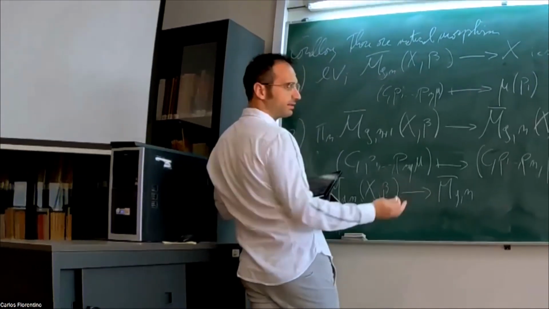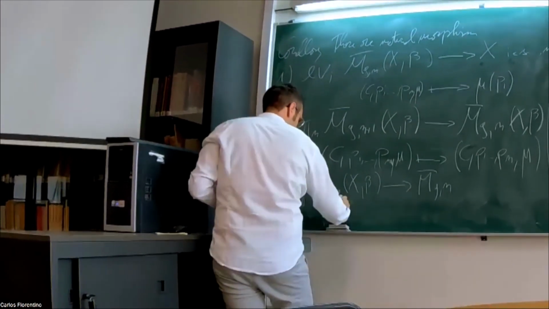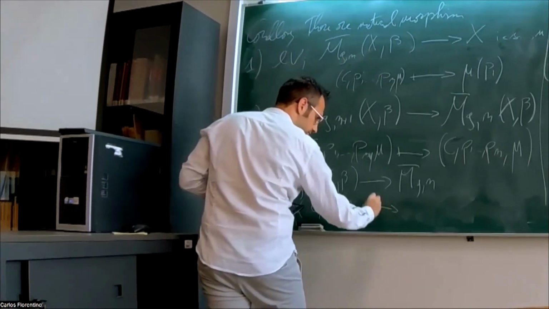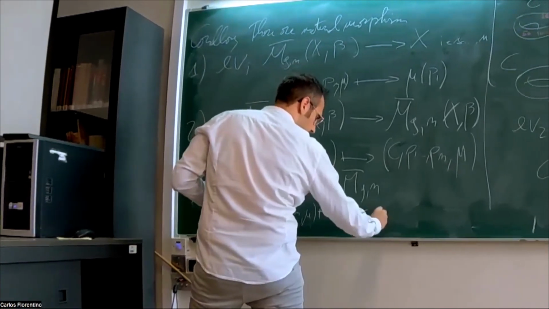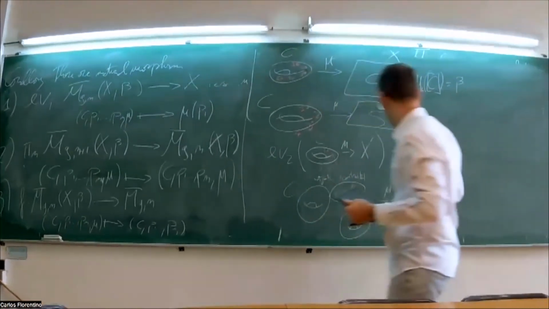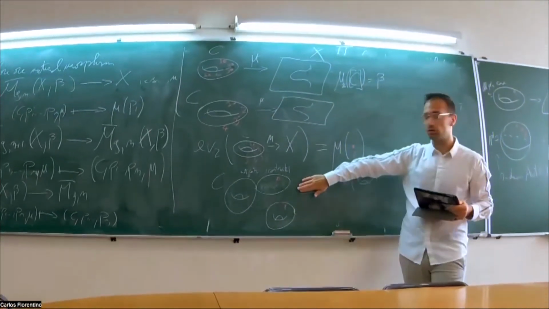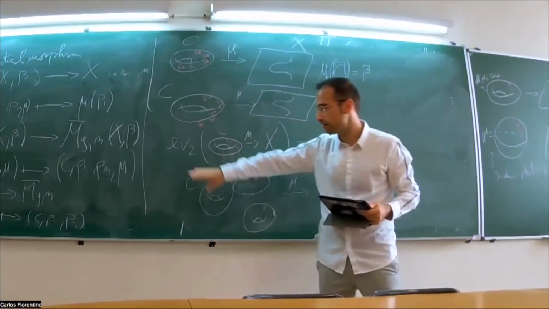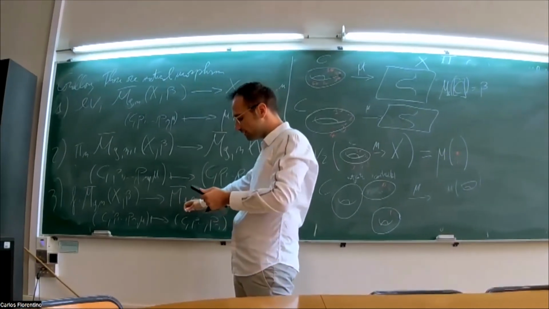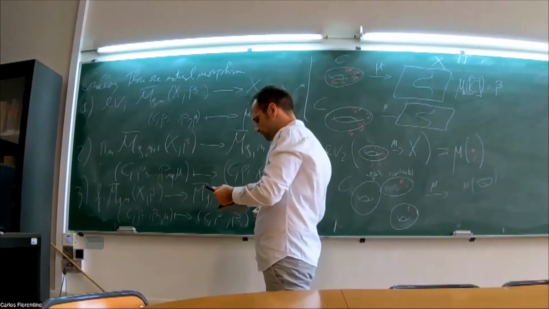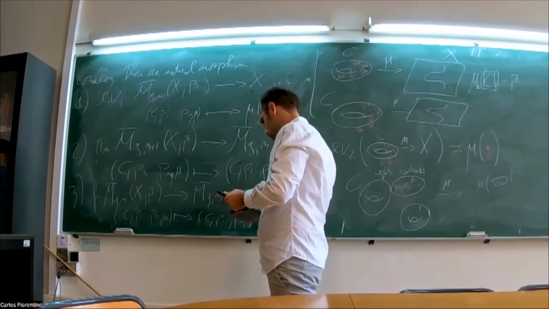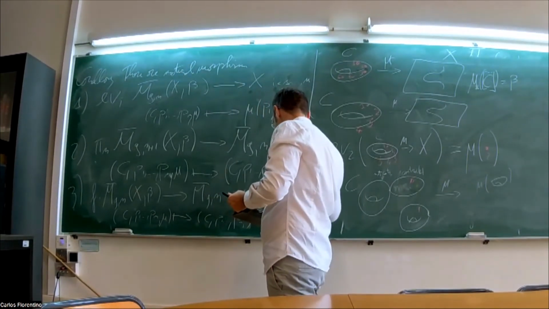Let's say, forget mu. So, since C, P1, Pn, mu goes to C, P1, Pn, I forgot this part of the story and I remember just that. Clearly, this is defined only when this space is defined, which is when 2g minus 2 plus n is greater than 0.